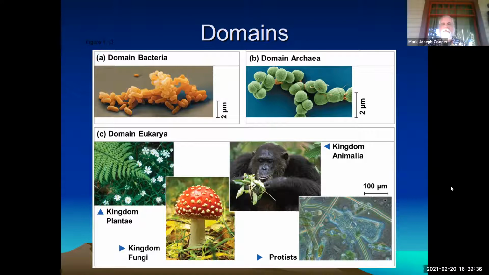This would be the kingdom Plantae and Animalia, fungi, and then there's a kingdom Protista, which technically is no longer a kingdom. That has been broken up, and that probably is multiple kingdoms. And again, this is all in flux on how we deal with that.